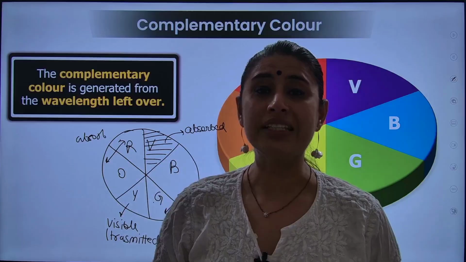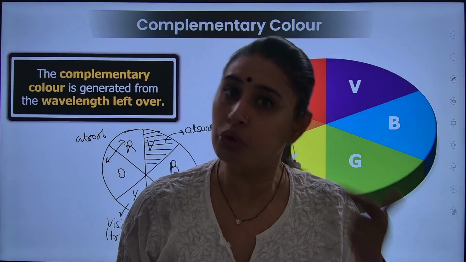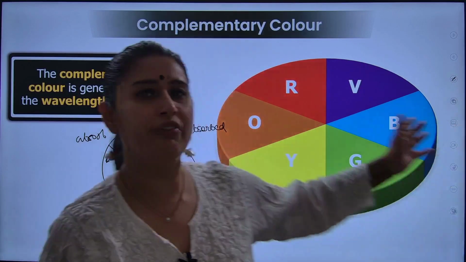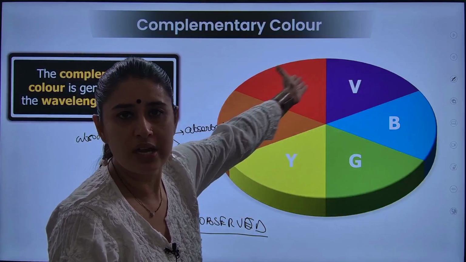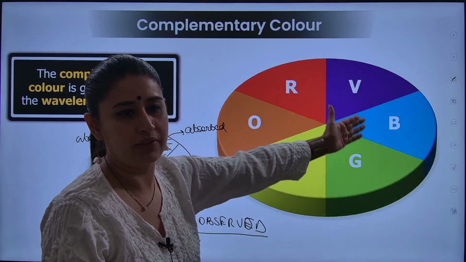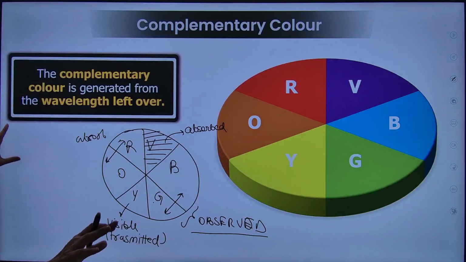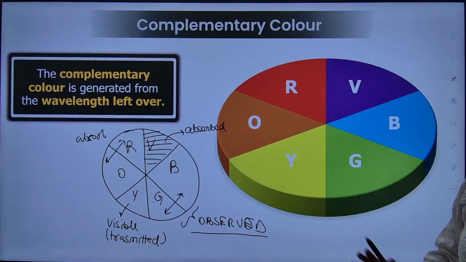Whatever color is visible, its complementary color has been absorbed. How do we know which is the complementary color which has been absorbed? We know it from this whole complementary circle or the chart that we have. Please observe. So the complementary color is generated from the wavelength left over. Keep that in mind. This will be very useful.